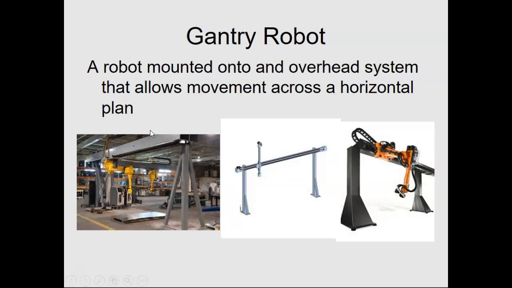So when we talk about gantry, gantry robots can be as complex as actually mounting a robot to an overhead system. It can also be as simple as an overhead crane. But this gives it a seventh axis along a vertical or a horizontal plane.